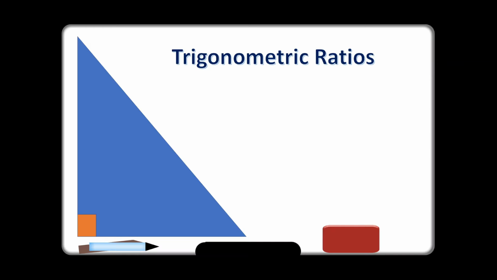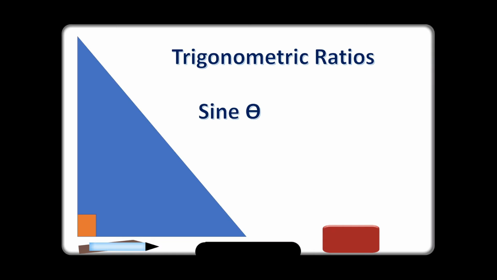Okay, we're going to the drawing board. So we recognize a right triangle. What about those trigonometric ratios? Well, these ratios express a special relationship among the angles of a right angle triangle and its three sides.